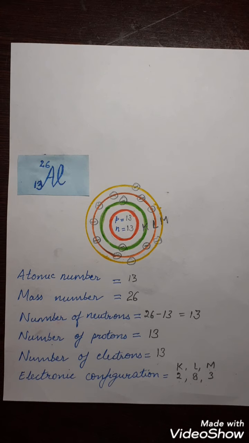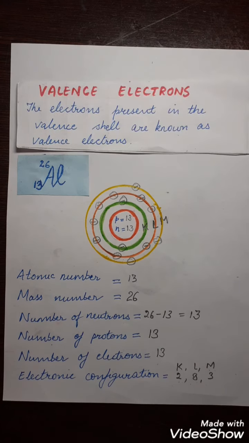So, how many valence electrons does aluminium have? Aluminium has 3 valence electrons, as those 3 electrons are present in the valence shell of the atom. Is it clear? Let's see the definition. The electrons present in the valence shell or the last shell are known as the valence electrons.